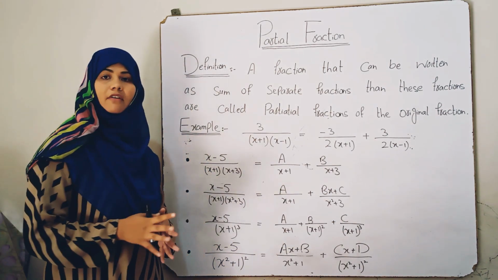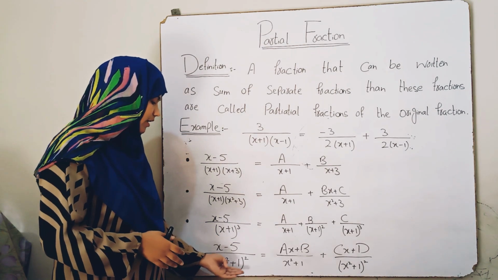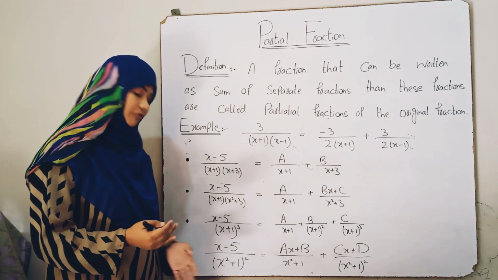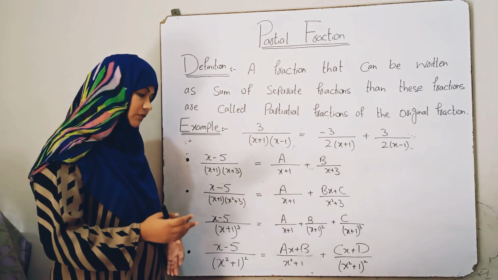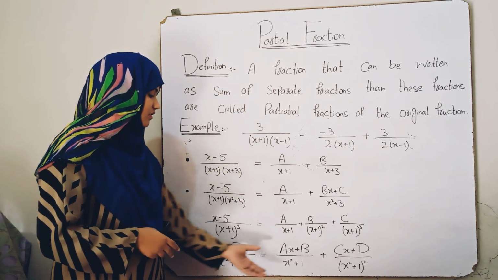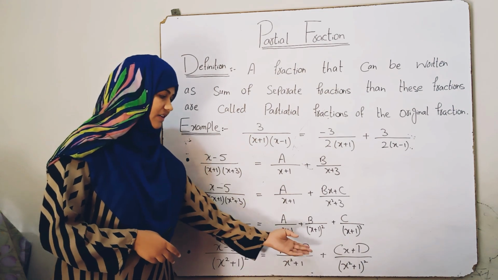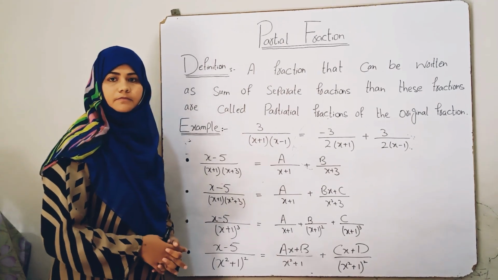Fourthly, we have another proper fraction x minus 5 over x square plus 1 whole square. In this fraction, we have repeated factors in denominator, which will give rise to partial fractions ax plus b over x square plus 1 plus cx plus g over x square plus 1 whole square.